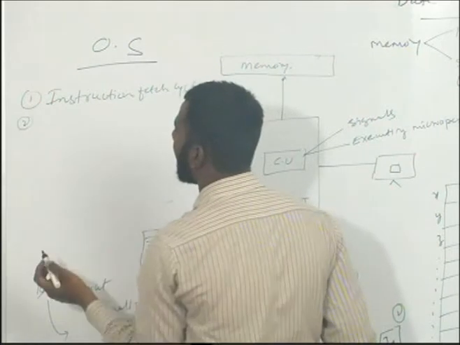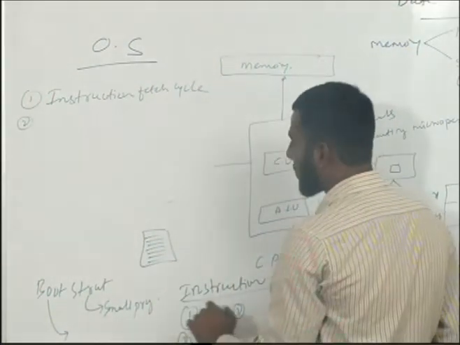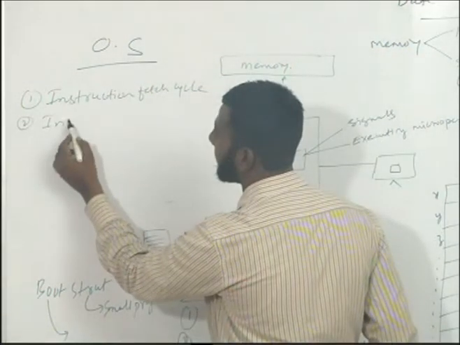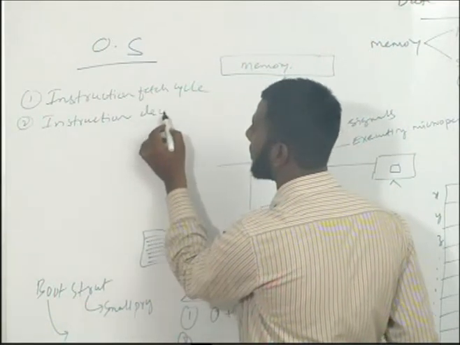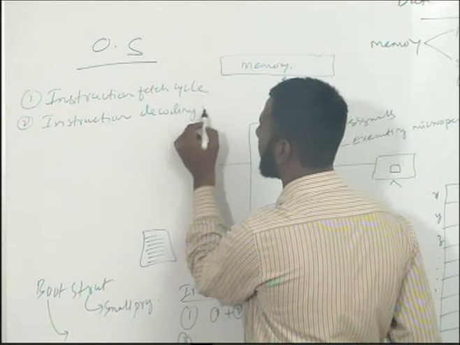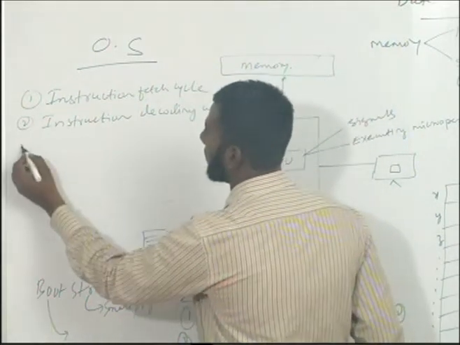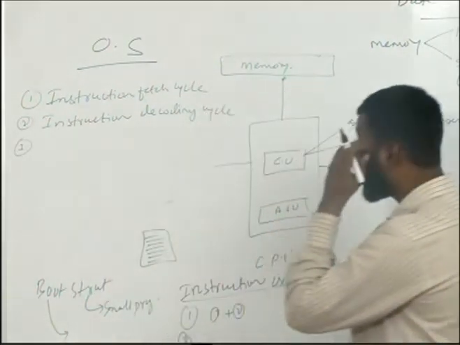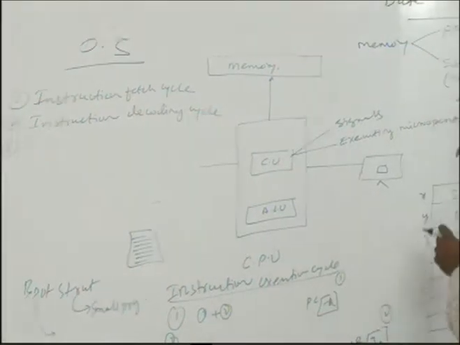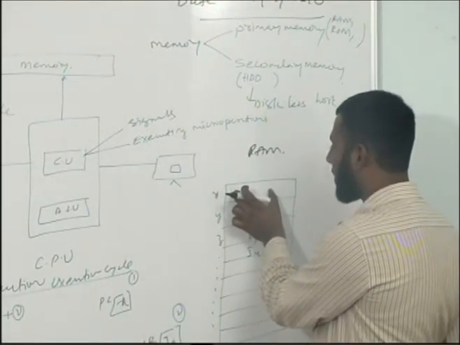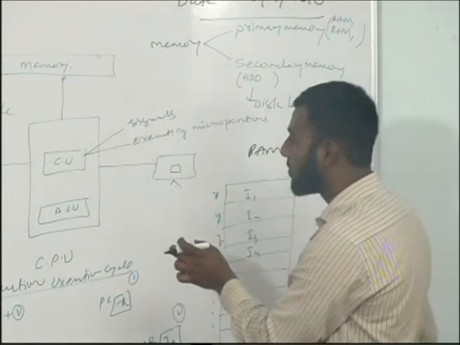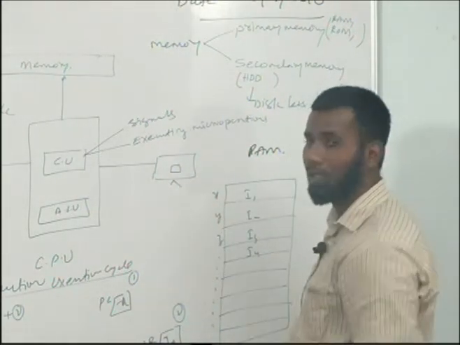Next I have the instruction decoding cycle. What do you mean by instruction decoding? Whenever an instruction is sitting inside memory, I don't know whether it's an instruction or data. In the decoding cycle, we come to know whether it's an instruction or data.